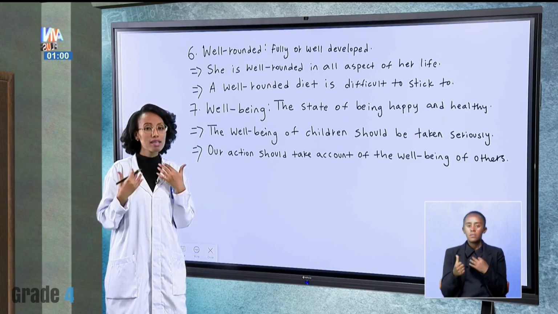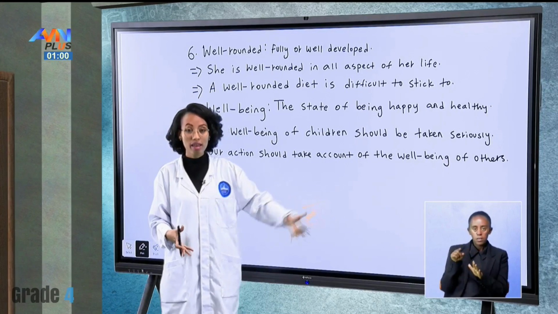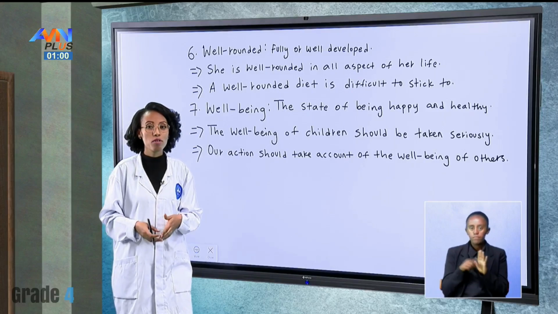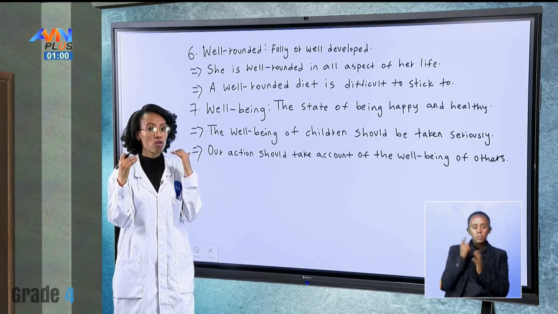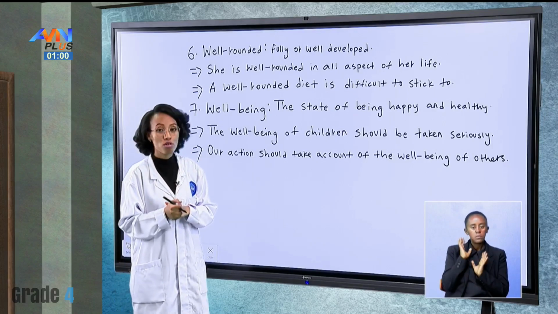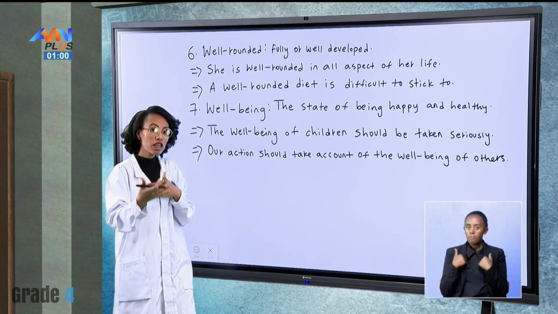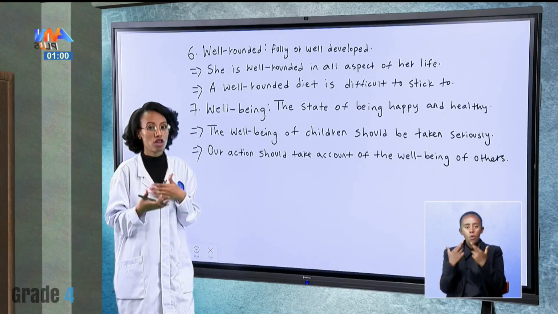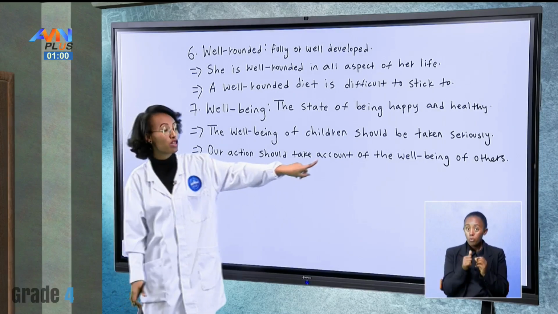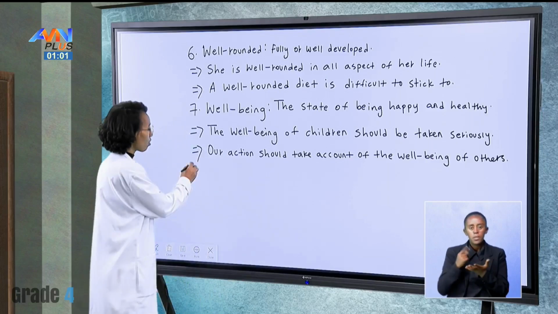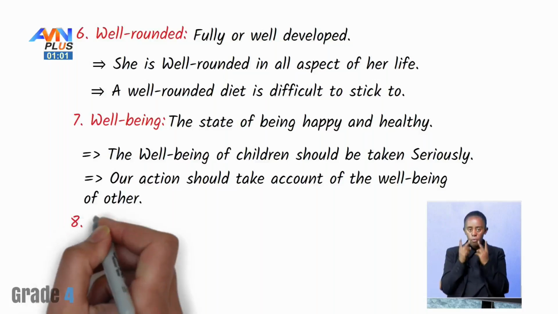We cannot say something bad to people because it might affect their well-being, their state of happiness. So whenever we are communicating with others, we always have to think about not hurting the well-being of others. So we should have what? A really good rapport with each other, a really good communication with each other, so as not to disturb the well-being of others.